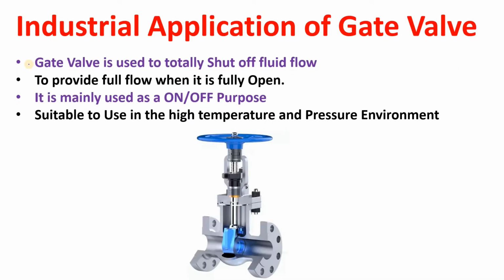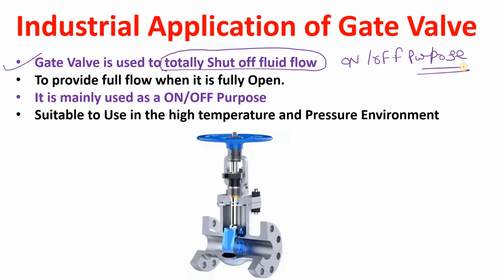Here are some industrial applications which I have seen in our industry. The first industrial application of the gate valve is that it is used to totally shut off the fluid flow, meaning it is used for on-off purpose, which we have also discussed in our definition slide, and to provide full flow when it is fully open.